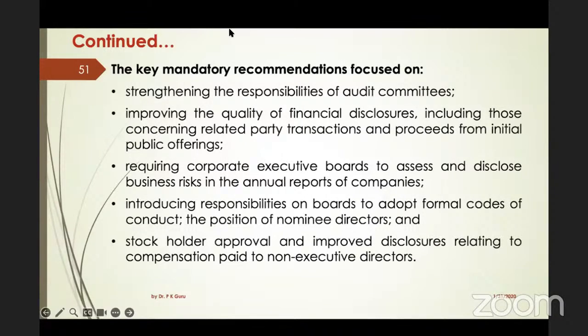Someone may make a benefit, someone may make a loss. So some shareholders may get affected. So whenever there are interests of each party in one matter, that should be clearly brought out, clearly informed, and clearly explained.